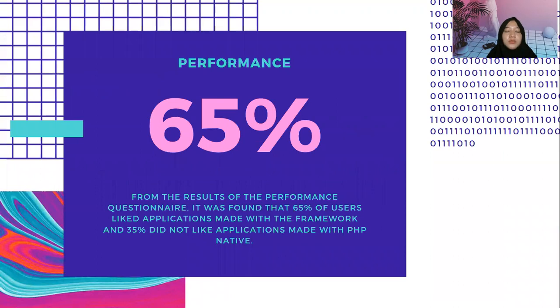In terms of performance, from the result of the performance questionnaire, it was found that 65% of users like the application with the framework, and 35% didn't like the application made with PHP.